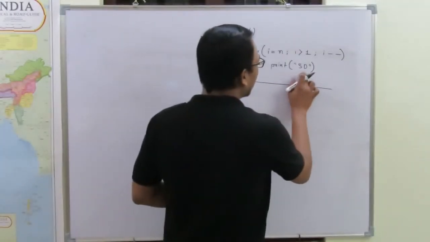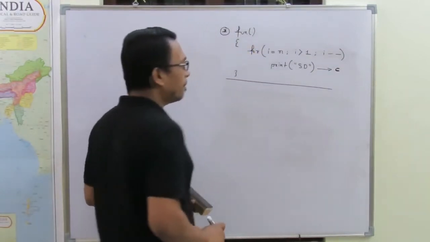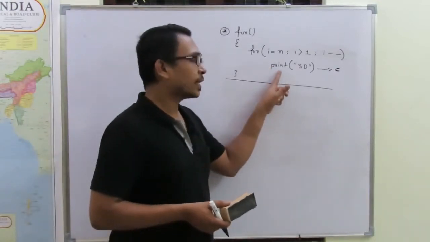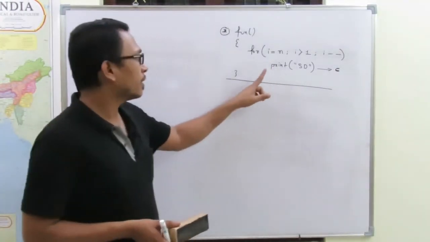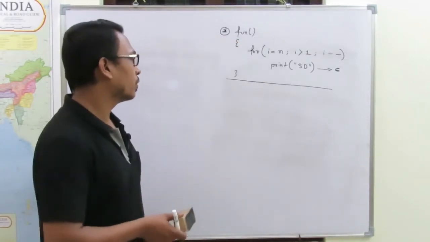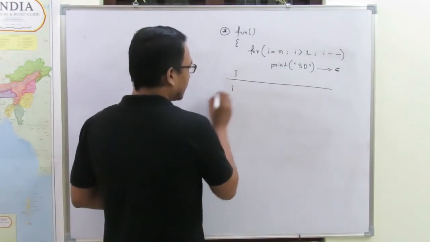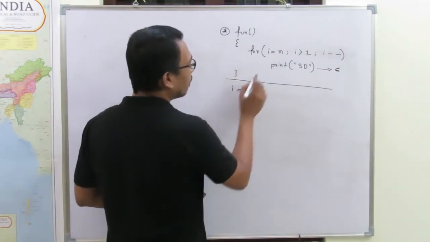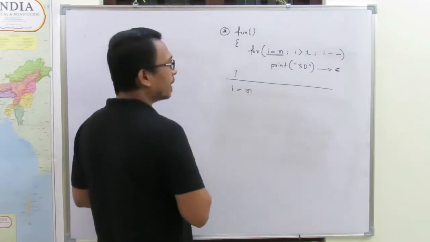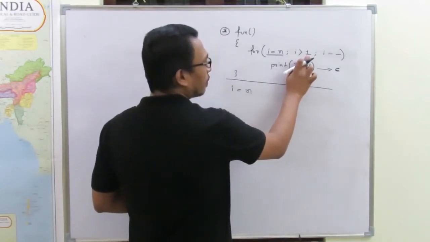Look, this particular statement will take constant time. Now how many times will this statement execute? That means the number of iterations of this for loop. The loop variable here is I and the value of I starts from n and continues till 1.